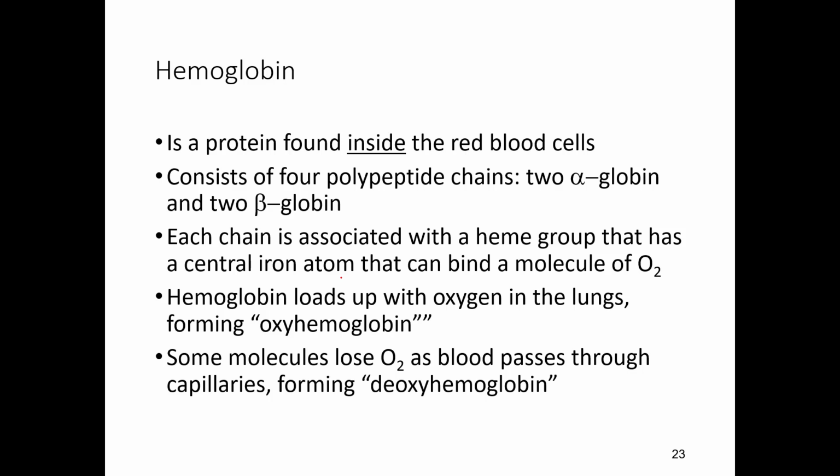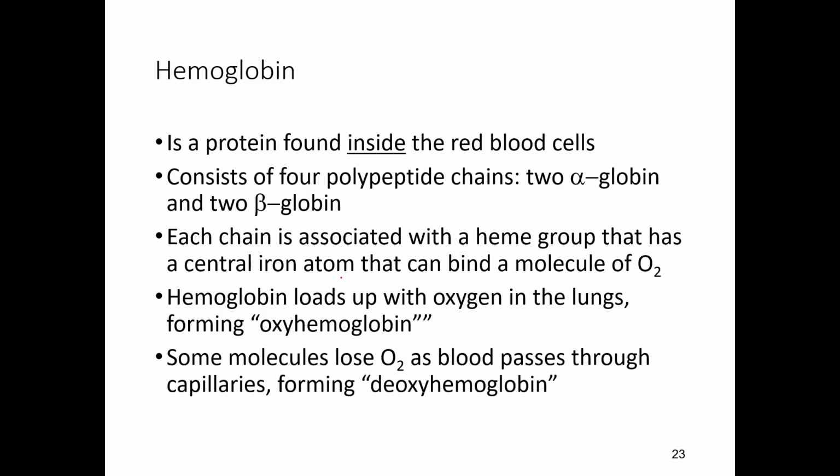There are 2 chains called alpha globin and 2 chains called beta globin. In the human genome, there's a gene for alpha globin and a gene for beta globin. And so when those are transcribed and translated several times, the cell will assemble hemoglobin. Now each cell has thousands and thousands of hemoglobin molecules in it.